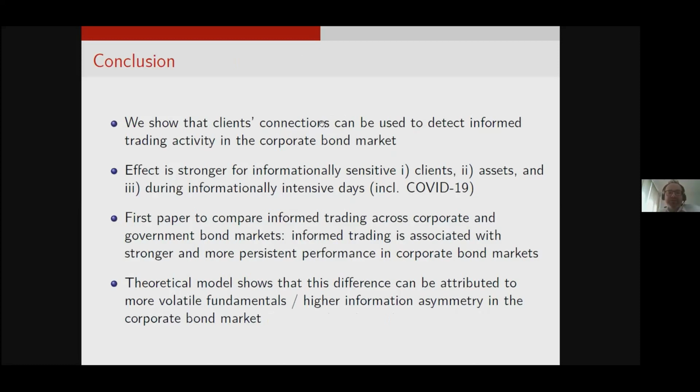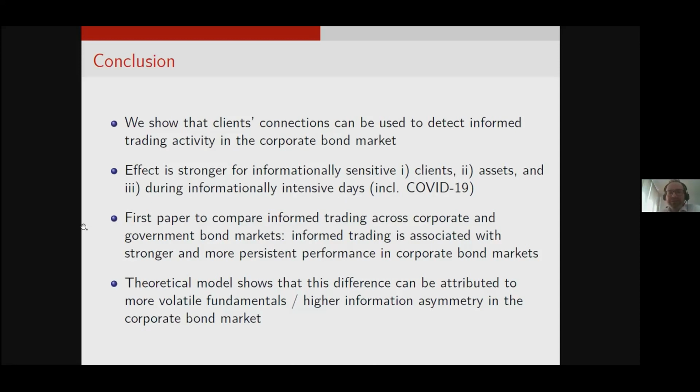To summarize, we show that variation in client connections can be used to detect informed trading activity in corporate bond markets. These effects are particularly strong for informationally sensitive clients, assets, and during informationally intensive days.